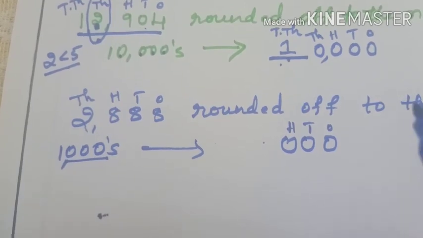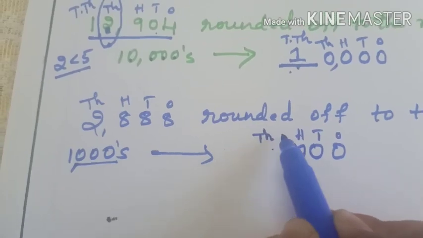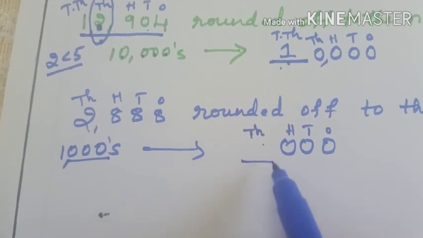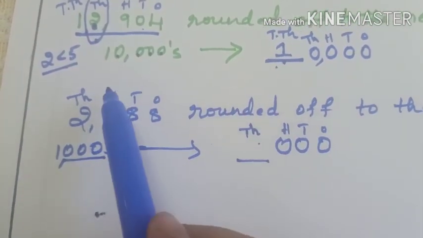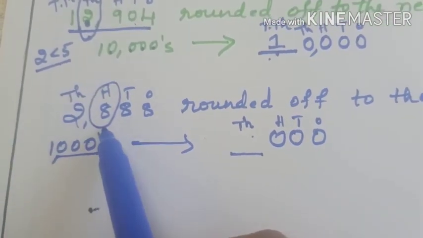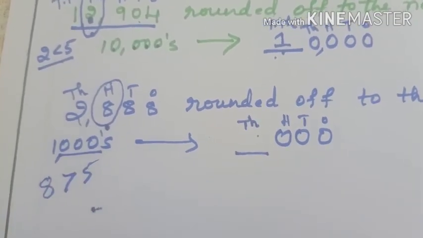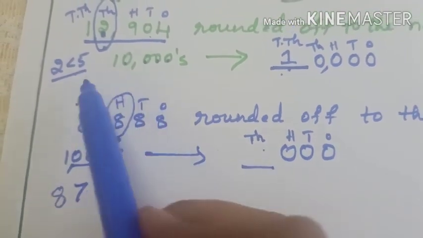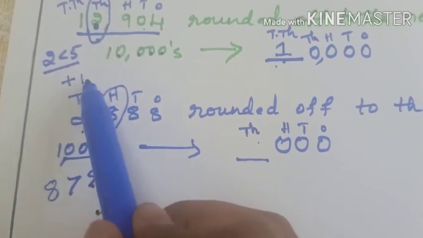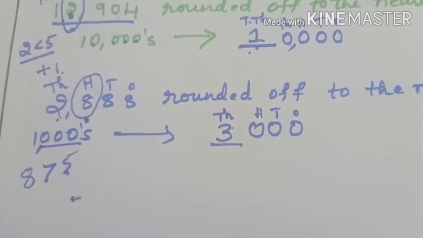The ones place, tens place and hundreds place become 0, and now we have to fill the thousands place. How to fill the thousands place? To fill the thousands place, you have to check the hundreds place from the question. What is the hundreds place number? 8. So 8 is greater than 5. Correct? If it is greater than 5, then you should add plus 1 to the thousands place. So 2 plus 1 becomes 3. The answer is 3000.